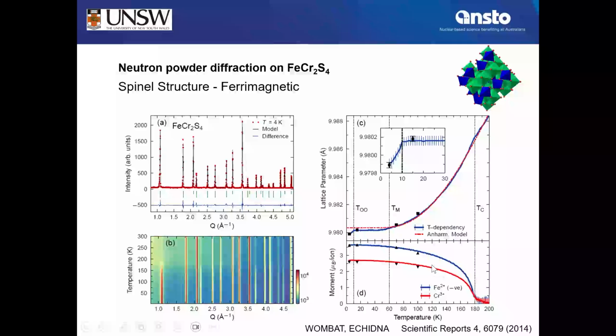The red curves are actually the Lombard data, and the solid triangles are the Echidna data. So here iron 2+ and iron 3+, directly precise magnetic moments. So neutron is really a super powerful technique to determine that.